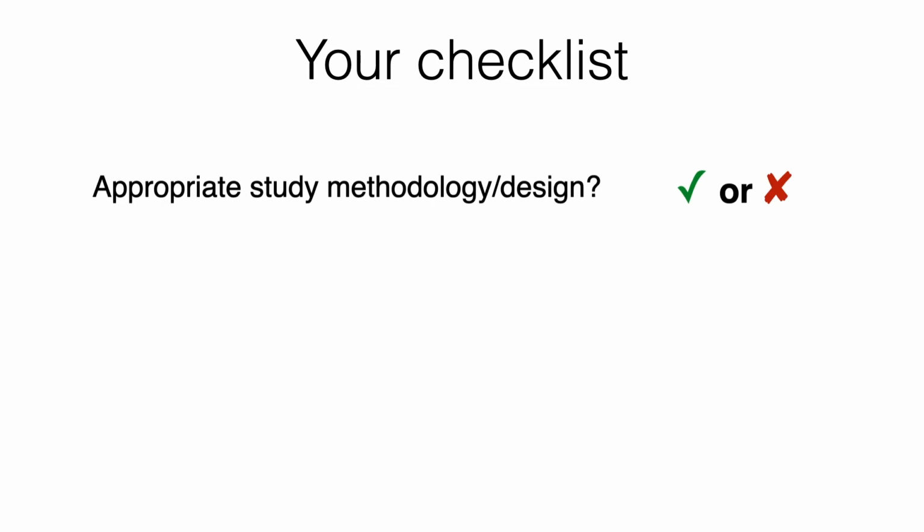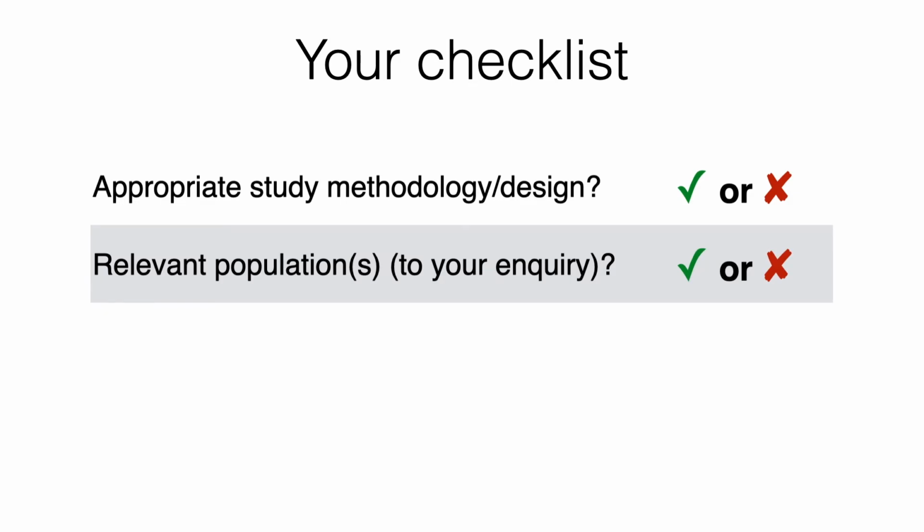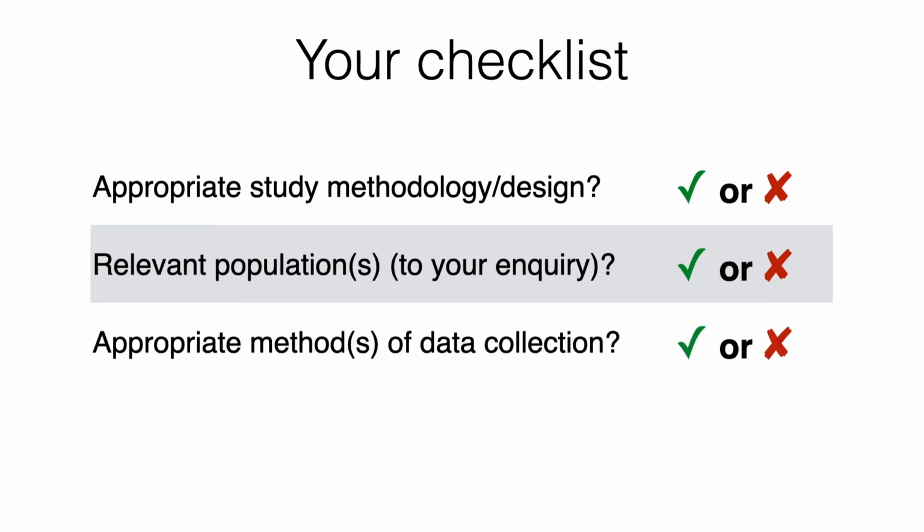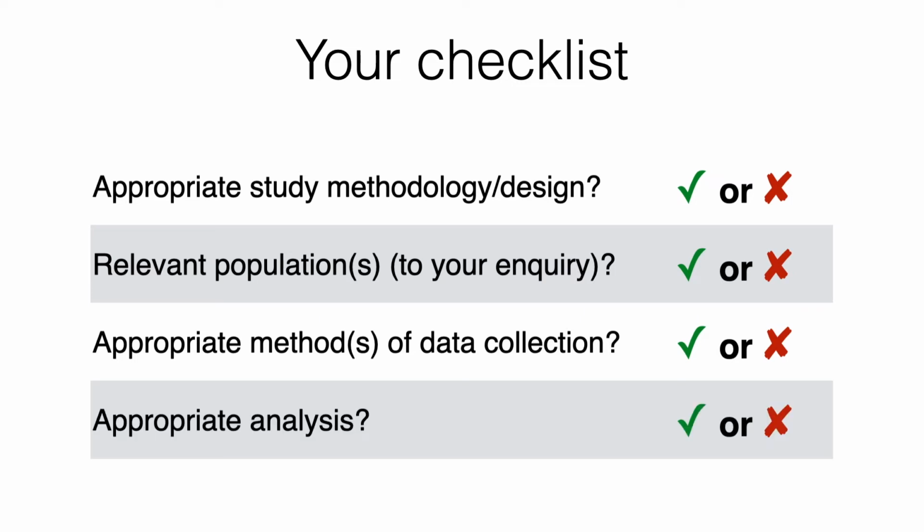So, as you go through the method section, you have to decide, is this an appropriate study methodology or design? Is it in a relevant population or relevant populations for your context, your purposes, what you want to know? Are the methods appropriate? And is the analysis appropriate?